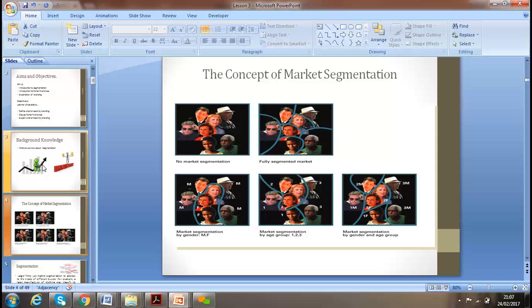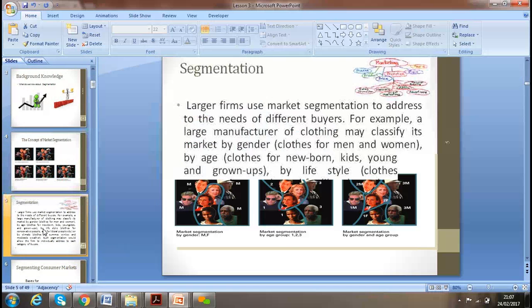So we try to segment them according to their needs. We'll launch our brand, our product, our services, our promotion campaigns according to the segment of the market. We want to maximize our market share by segmenting and meeting the needs of the market.